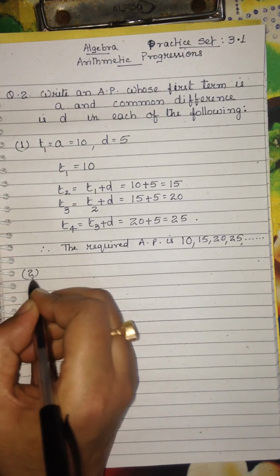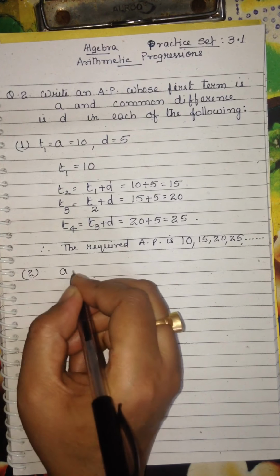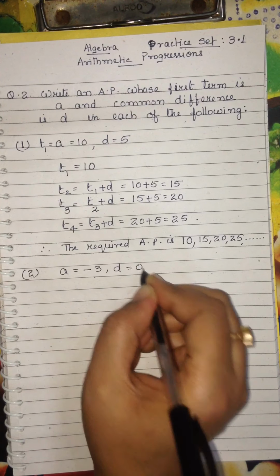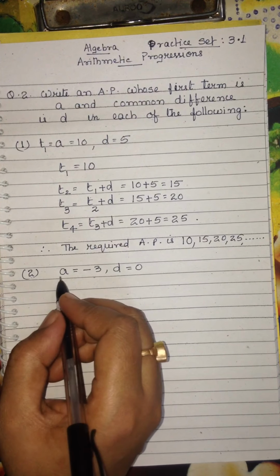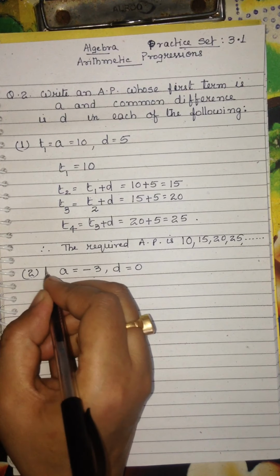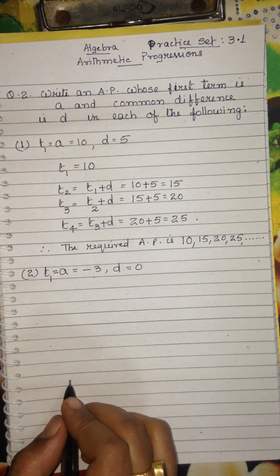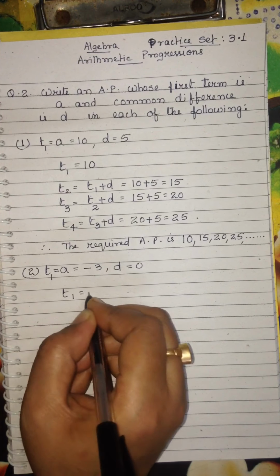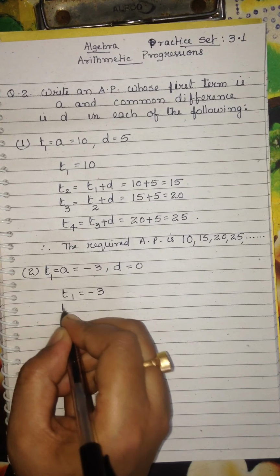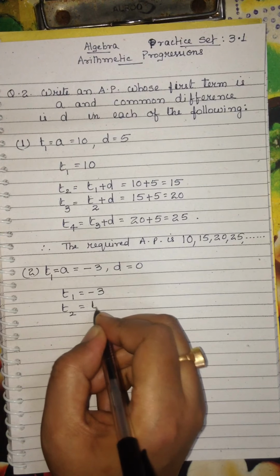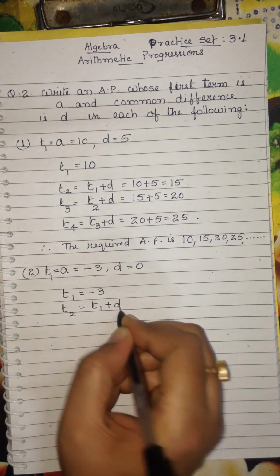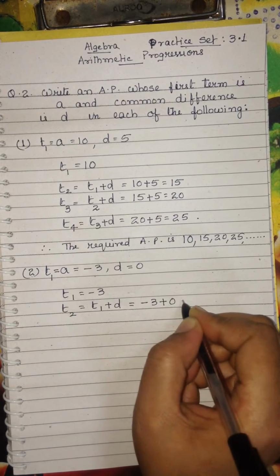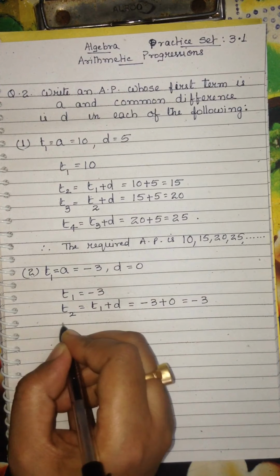Now second one, in the same manner, a is given as -3, d is given to us as 0. A is given as -3 means always the t1, the first term, is taken as a, given as -3. So second term is equal to t1 plus d, that is the first term plus the common difference, gives you your answer.